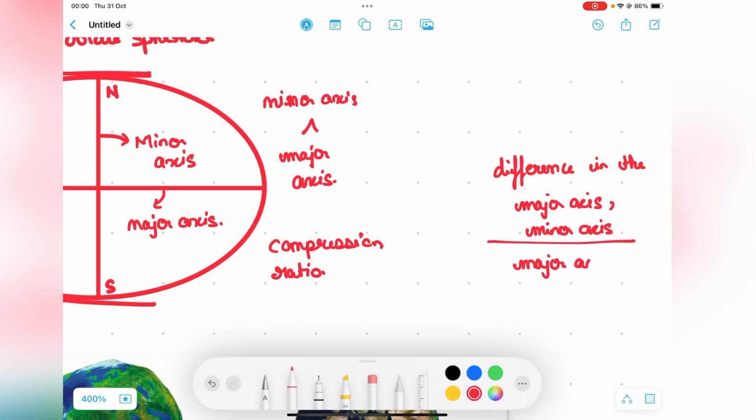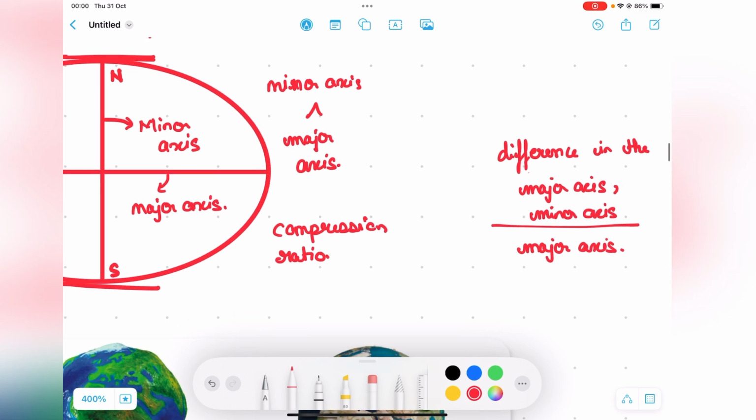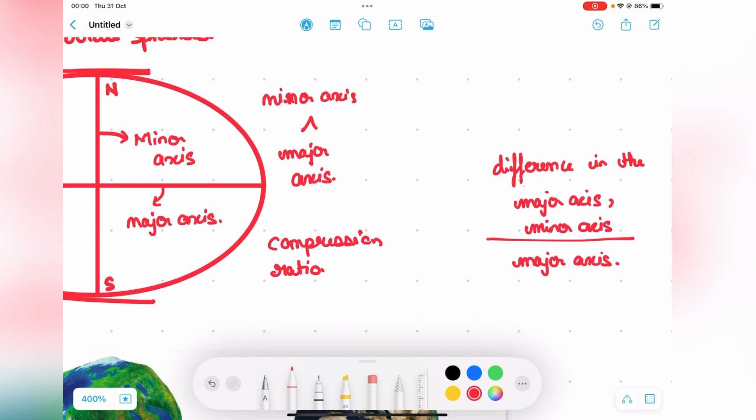It is the ratio. What we are essentially saying is by how much the minor axis is smaller than the major axis. When we calculate this, we get 1 by 298. So the minor axis is smaller than the major axis by 1/298 times the major axis. For our convenience, we approximate this to 1:300.